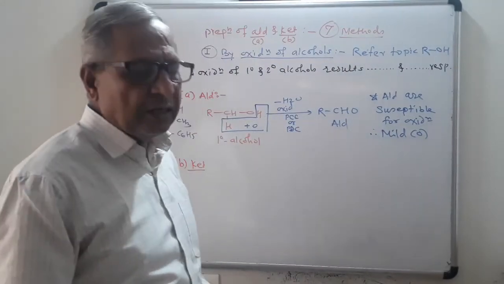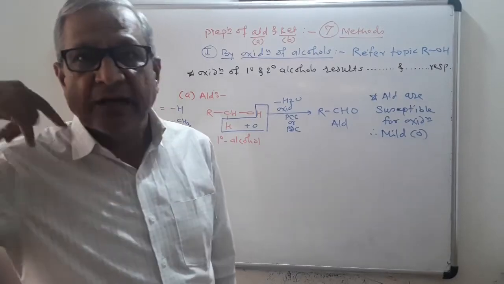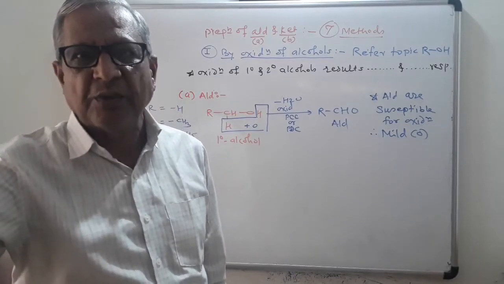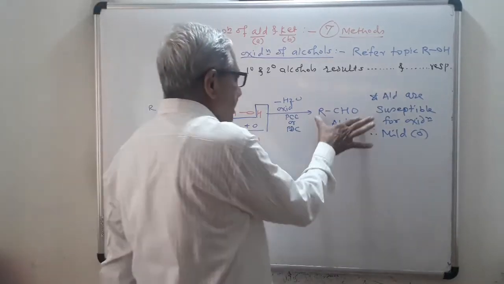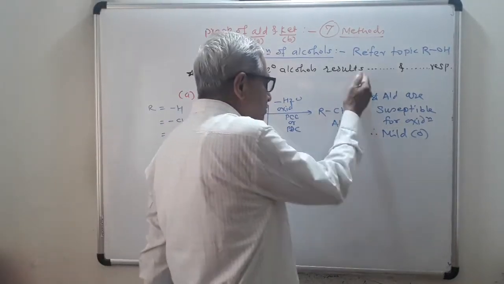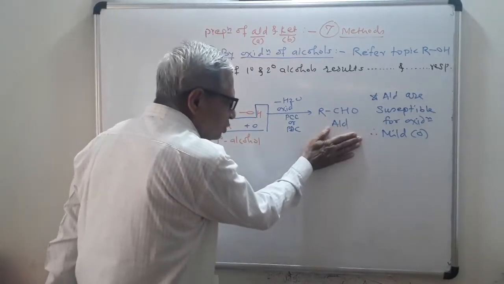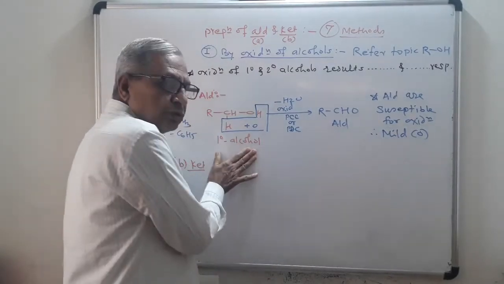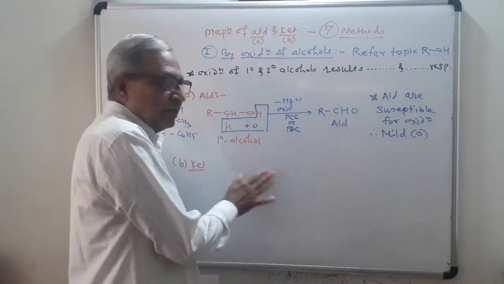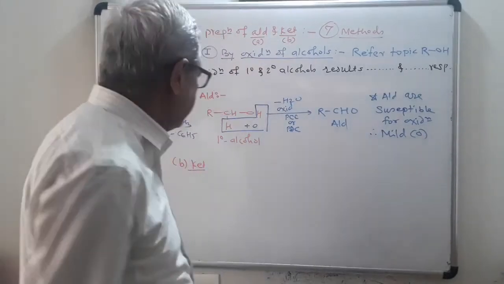If you use a strong oxidizing agent, that aldehyde will be immediately converted to the corresponding carboxylic acid. Therefore, care should be taken that as soon as it is formed, it should be removed by distillation, because aldehydes do not show intermolecular hydrogen bonding. Alcohol shows intermolecular hydrogen bonding, so the aldehyde can be removed by distillation. So that precaution should be taken here.